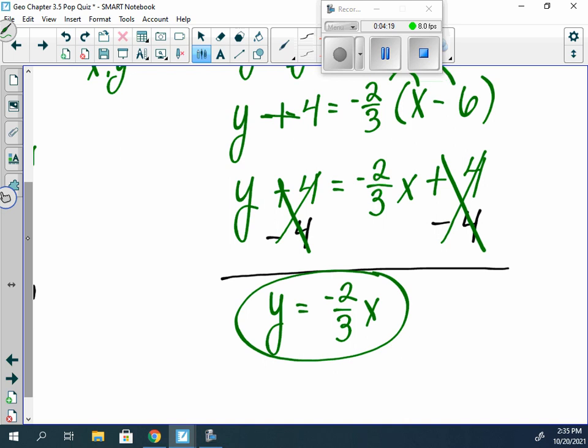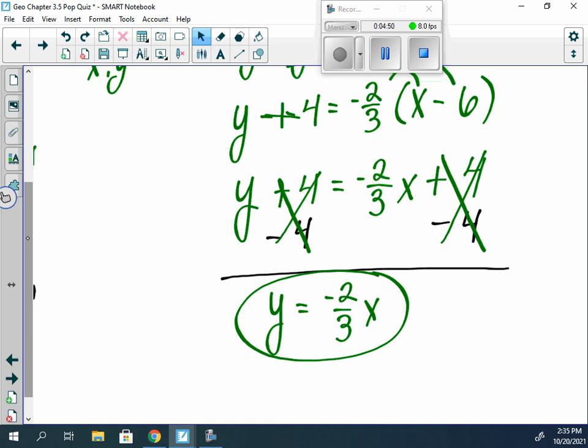That's it. Because all it's asking for is the equation of the line that is parallel to the given line. So it is parallel because they have the same slope. And we plug that point in to find which equation actually passes through that point, contains that point. And that's it. So we're just finding the equation.